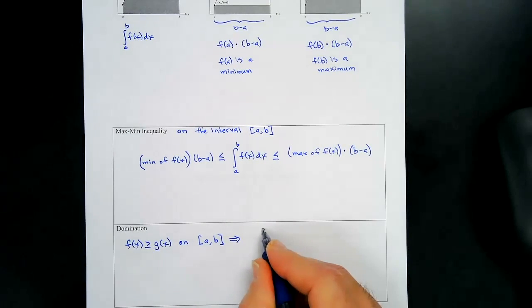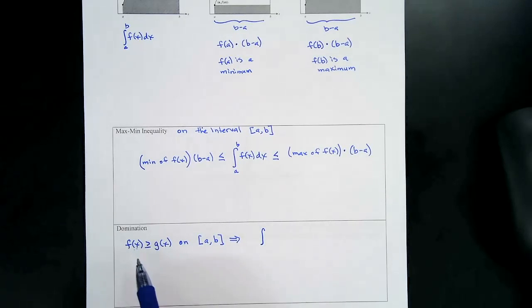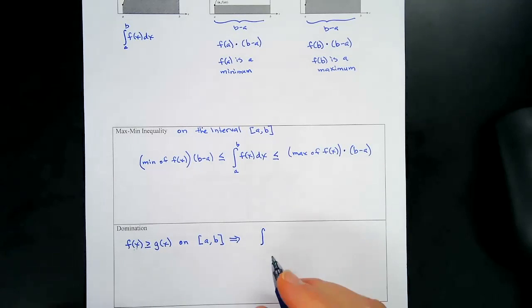So that's all this says. Domination: since this function's bigger, the integral is going to be bigger on the same interval.